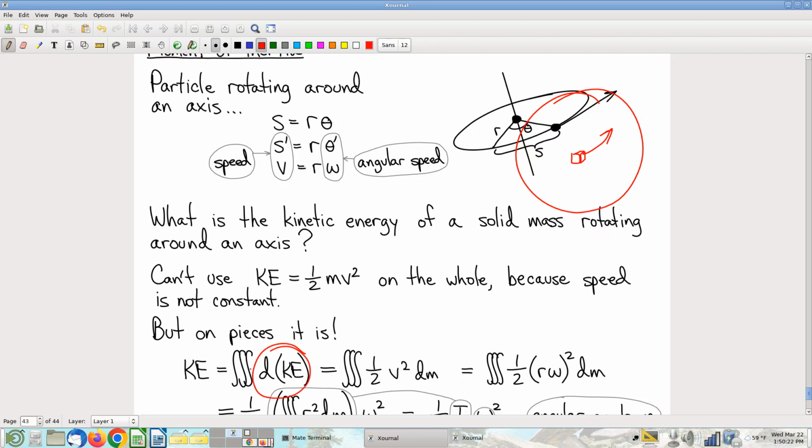No problem. Each little piece is small. All the pieces of mass in that one tiny little piece of the solid are all moving with close enough, anyway, the same speed. So 1/2 mv squared works just fine. This little piece of kinetic energy is easy.